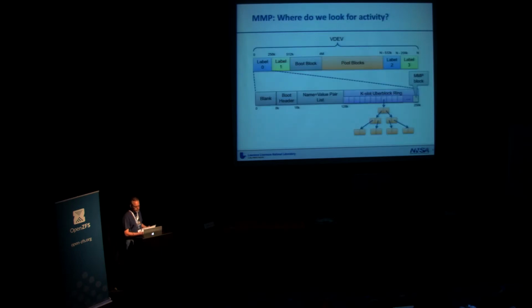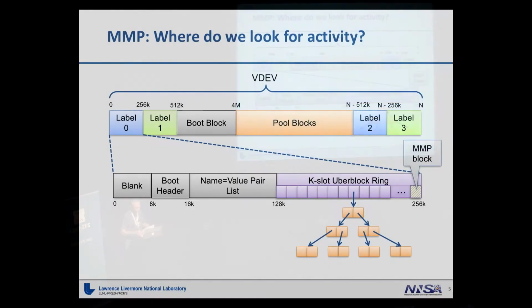So a big consideration, if you're going to do this, is where do you look? How does host B know that the pool is imported somewhere else? We wanted to keep it simple, so among other things, we chose to use the disks themselves. So on the devices, we've got our map here of where ZFS keeps its data.